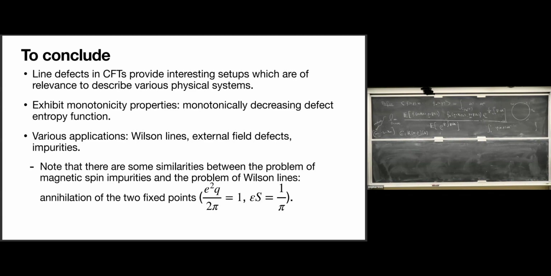Also, it's interesting to note that there are certain similarities between models in condensed matter and Wilson lines in conformal gauge theories in high energy physics. In particular, for example, the annihilation of the two fixed points exactly at the bound. And also you can use similar methods to study both systems.